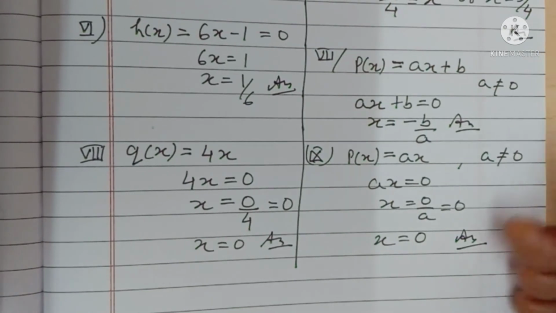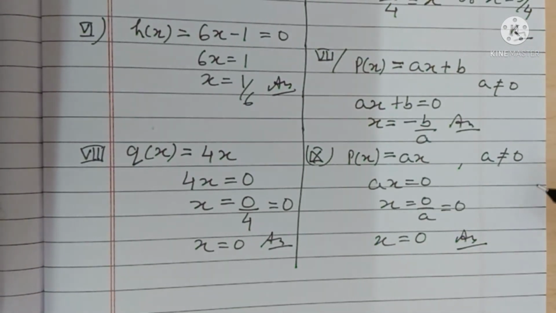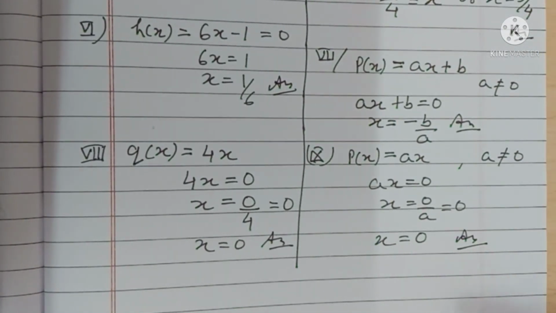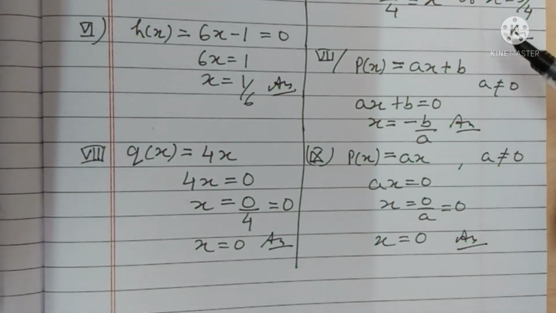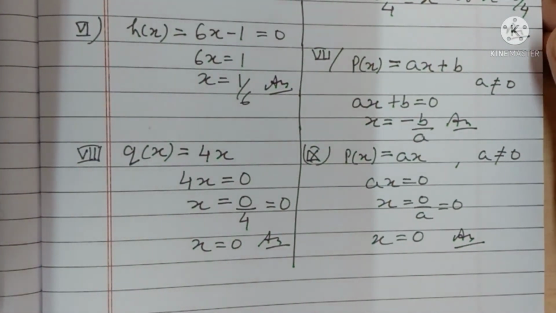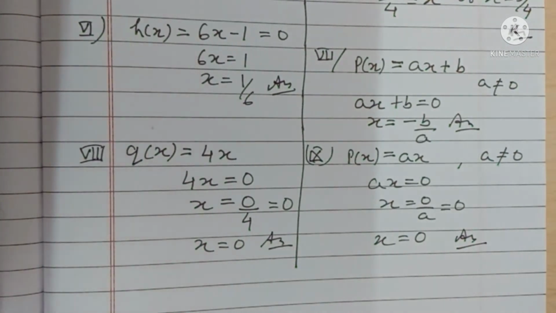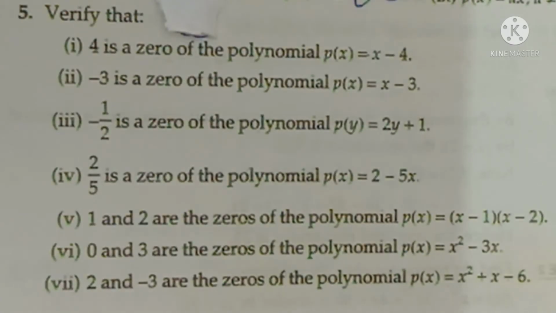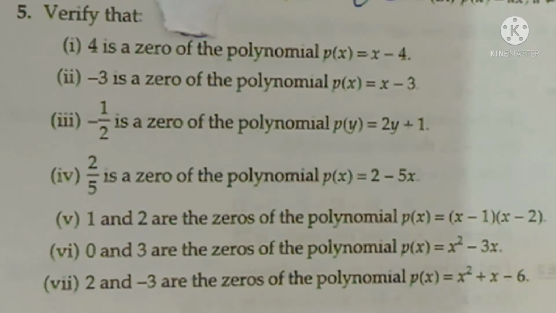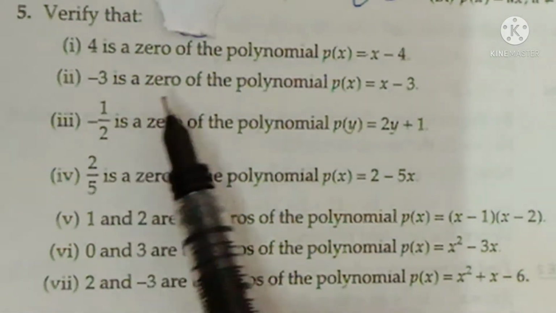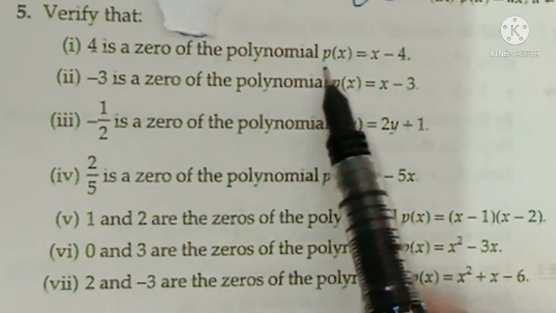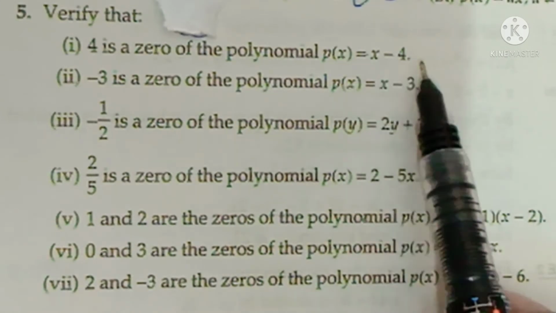In such way you can do other types of questions in the method given. You apply this method. This is the last question. Verify that 4 is a 0 of the polynomial px is equal to x minus 4.